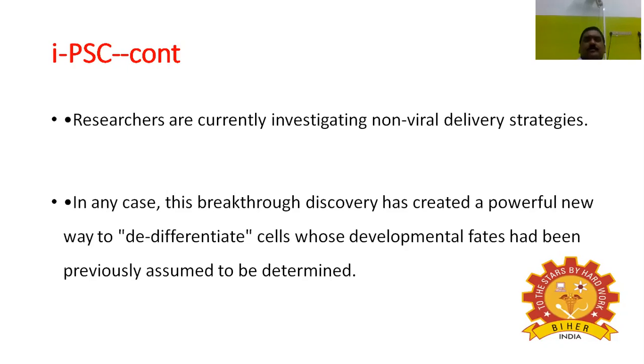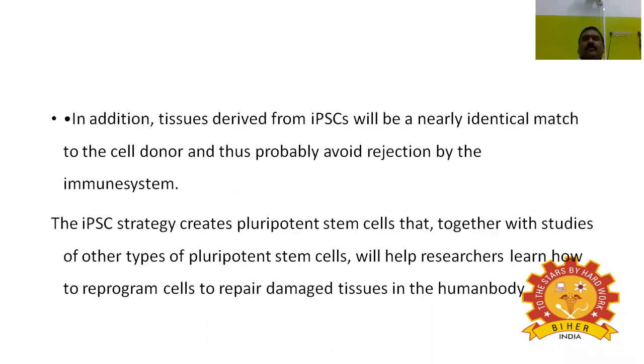Right. Next, in addition, tissues derived from induced pluripotent stem cells will be nearly identical to the cell donor, so probably avoiding immunological rejection by the immune system.